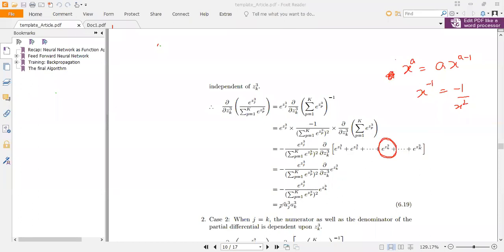So finally, e to the power of z3j divided by this summation will be a3j, and e to the power of z3k divided by this summation will be a3k. So finally, for the case when j is not equal to k, the differential will become minus a3j times a3k. So this is the one case we have done.